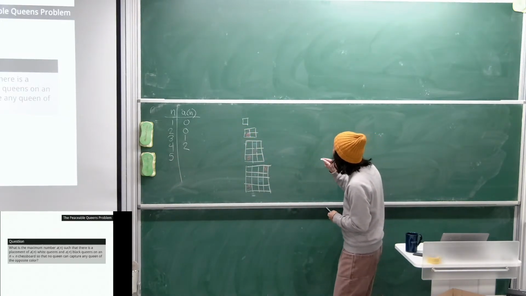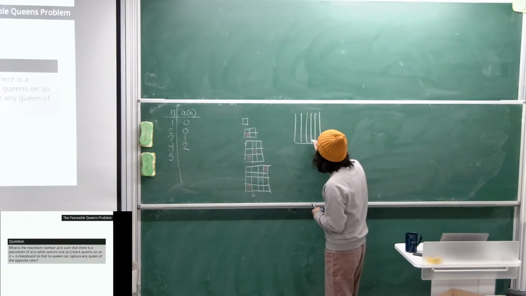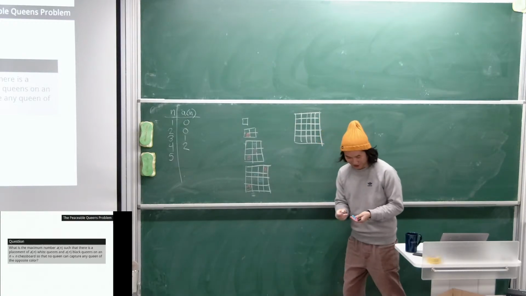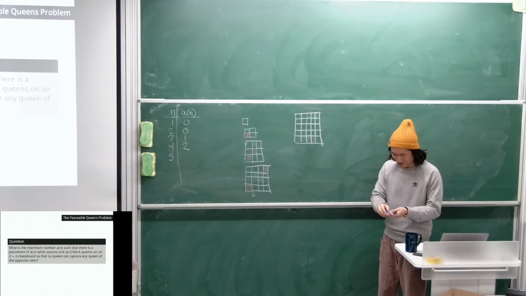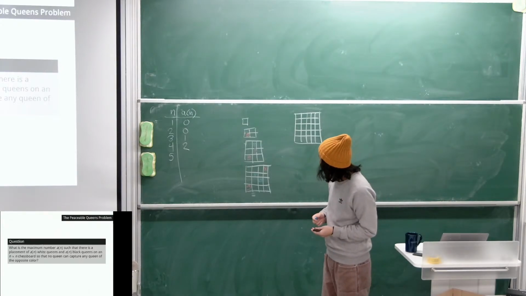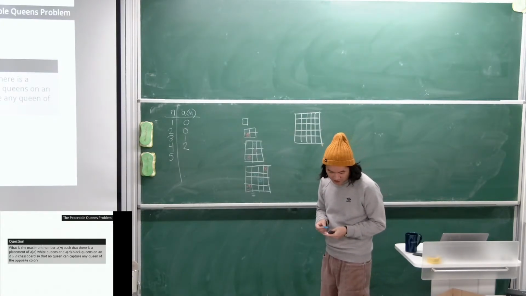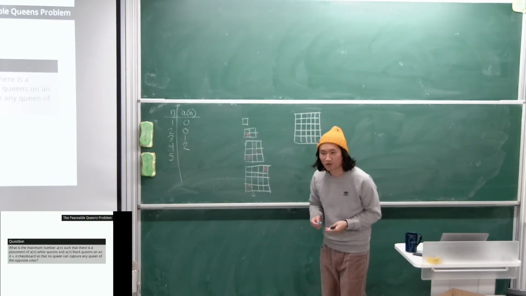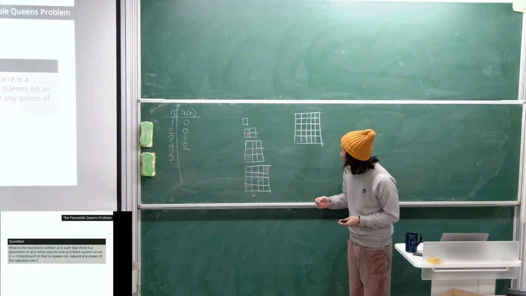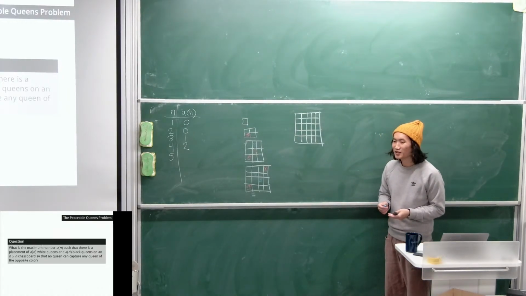So let's go to the 5-by-5 board. Does anyone have a guess what the answer is for 5? Four red and 4 blue?